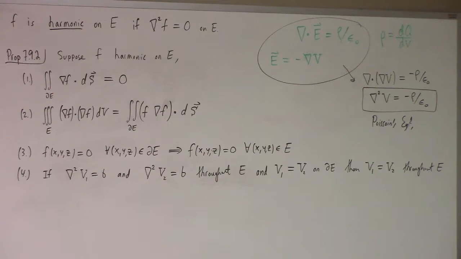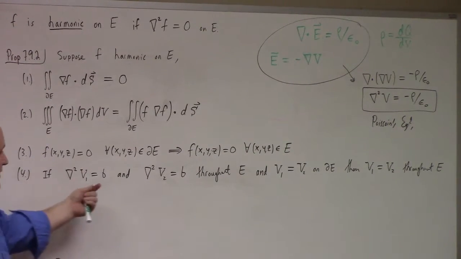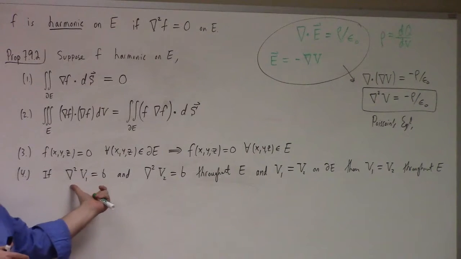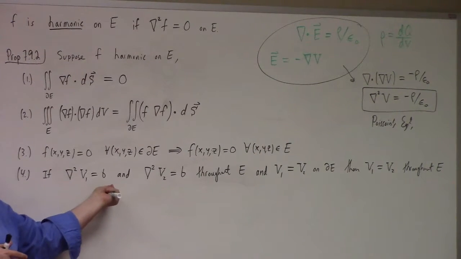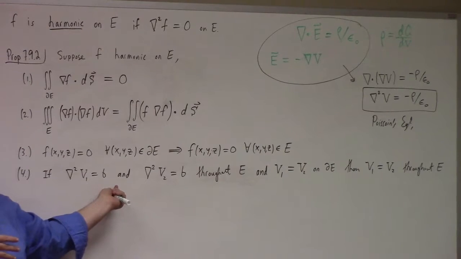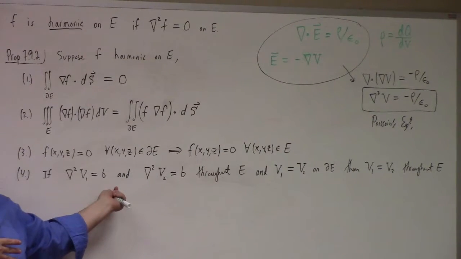But Poisson's equation is really what you want to solve in order to find the voltage as a response to a certain charge distribution. What this says is that if you have two voltage functions, think of b being a given function. It's the charge density divided by epsilon naught with a minus, all right?